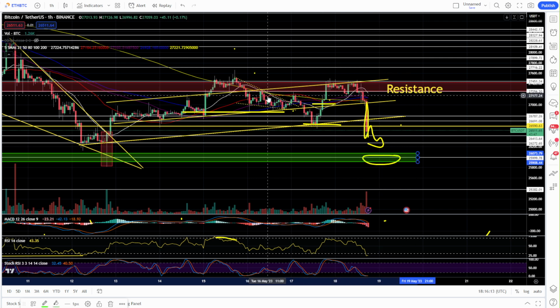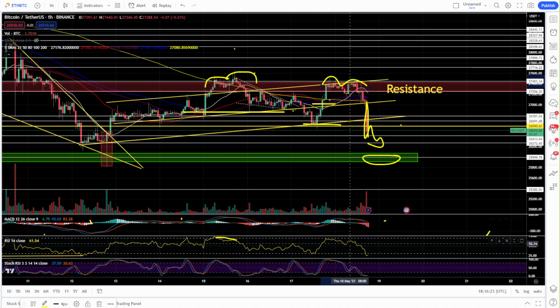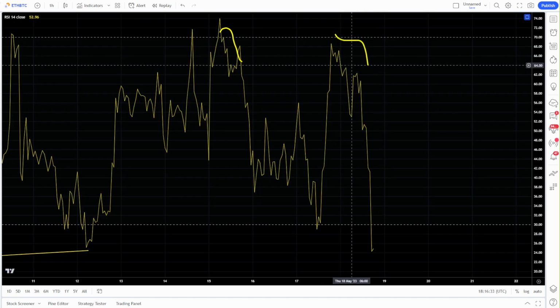And you had this double top here. This is an exaggerated bearish divergence right here. Who doesn't know what that is?